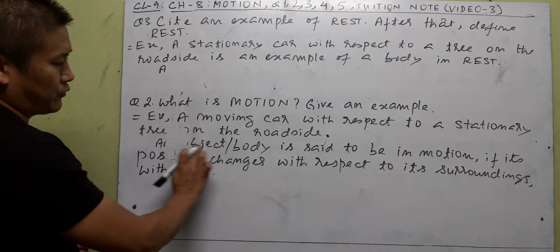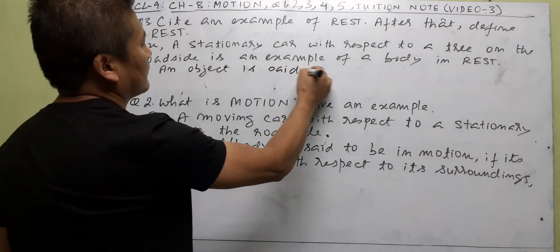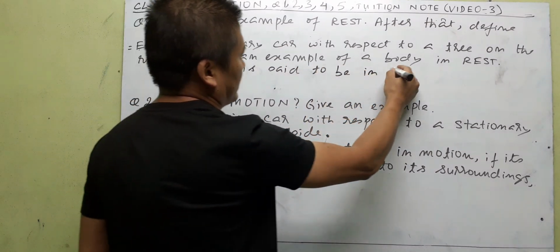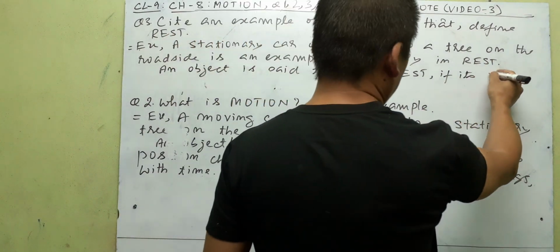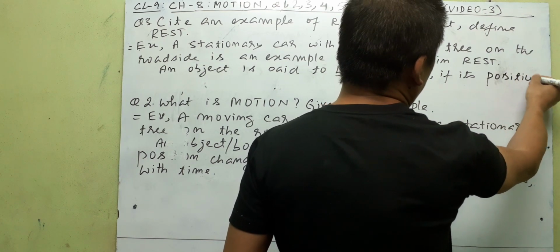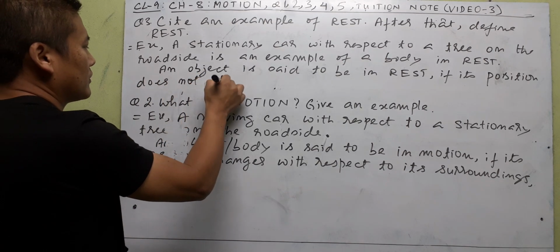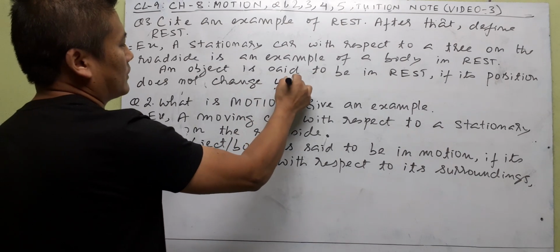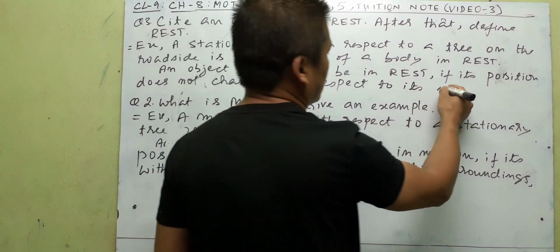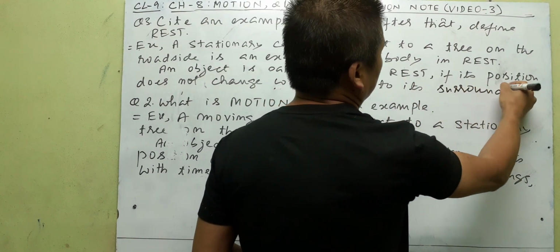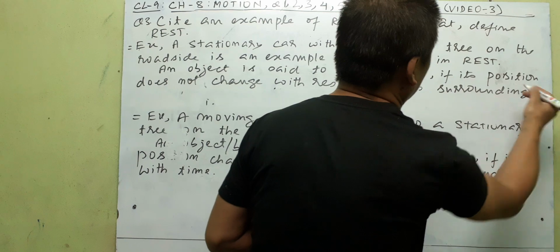So just in the same way you've defined here, an object is said to be in rest if its position does not change, so it will be the opposite of motion, does not change with respect to its surroundings, with time.